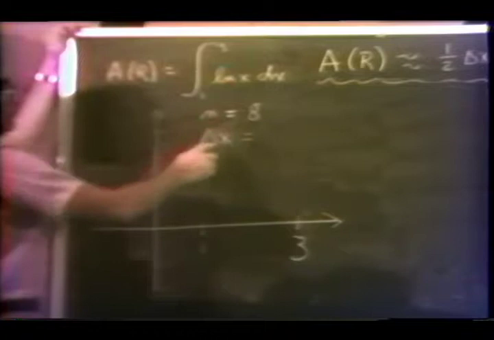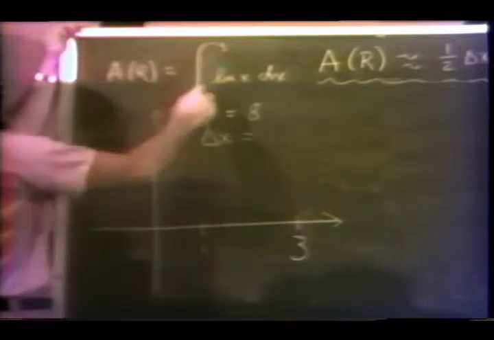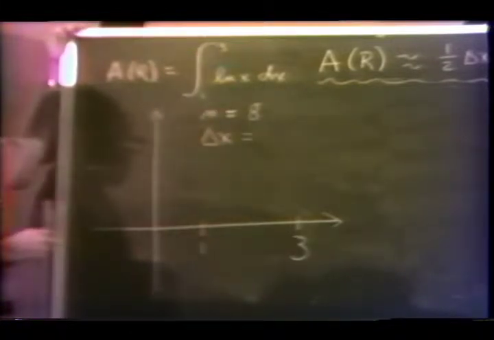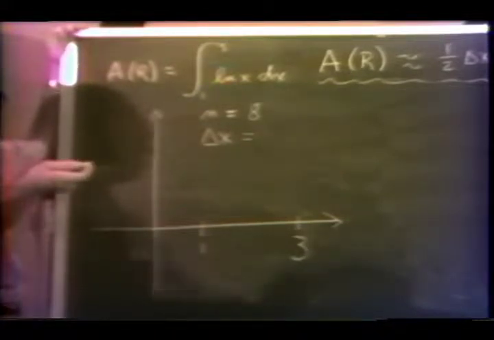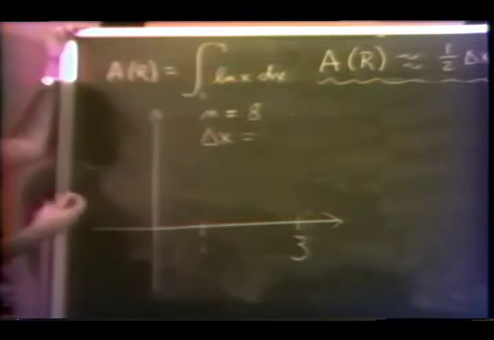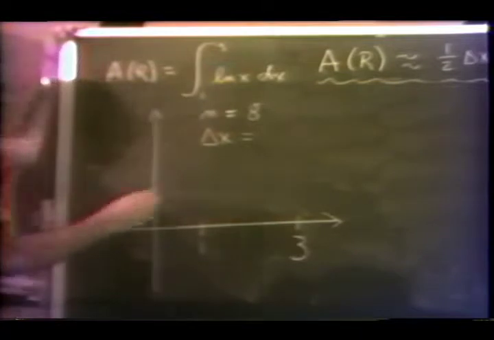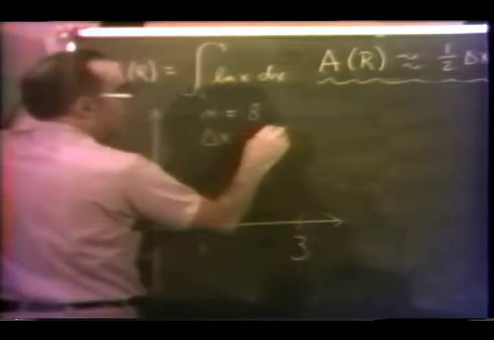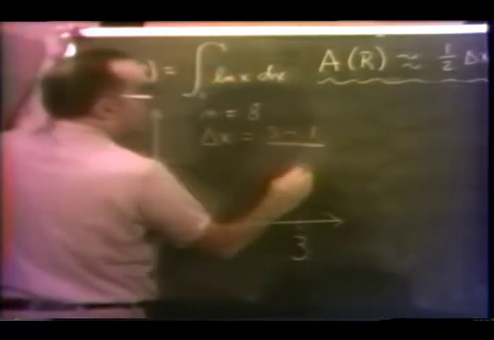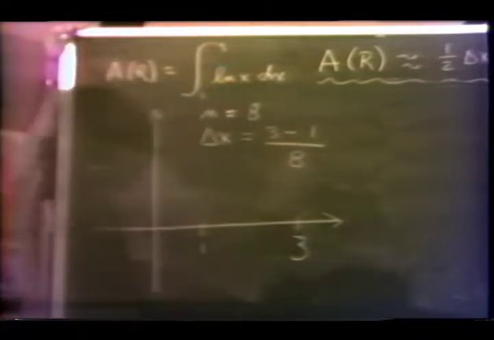If n is 8, what's delta x if I'm looking at this interval here? 1/4. Oh, did you say 1/4? Oh, I'm sorry, I thought you said 24. Well, 1/4. How do you get that? By 3 minus 1 divided by 8, which is 1/4.